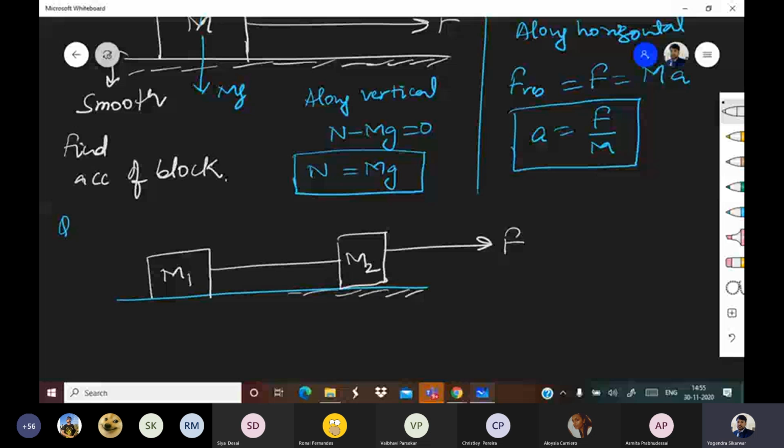This is block A, this is block B. Ground is smooth, and this is string.